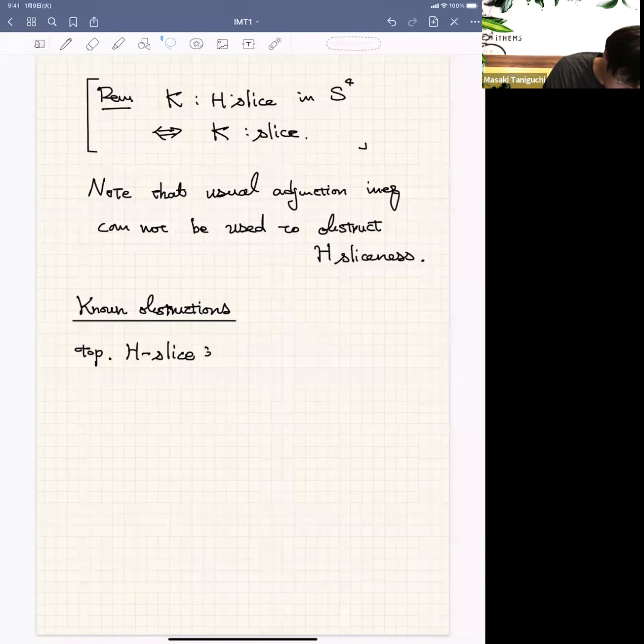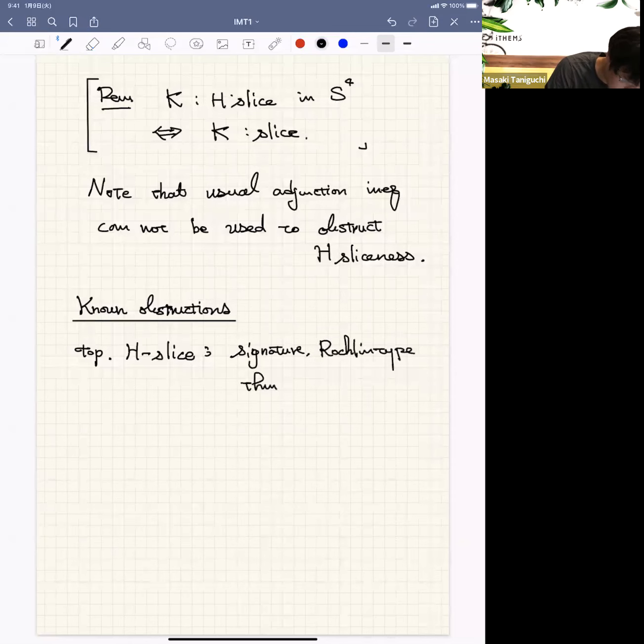For example, the signature function or Rokhlin type theorems are known obstructions. Today we focus on the obstructions to smooth H-sliceness.